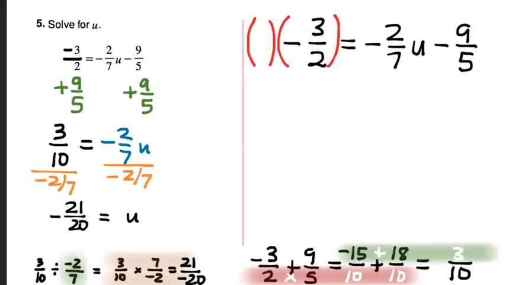Let's imagine that I'm multiplying it by a whole number, so I'm going to give it that 1 in the denominator. Let's say I multiply this fraction by 2. What's going to happen? Up here on top, I'm going to get negative 6, multiplying across.